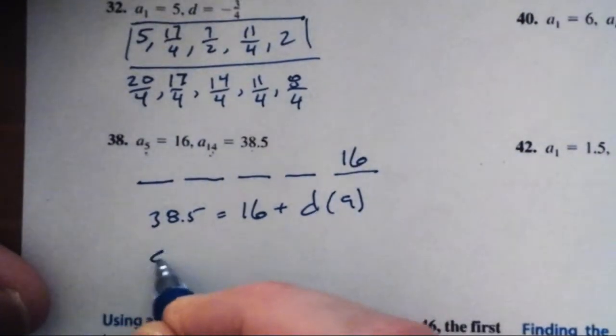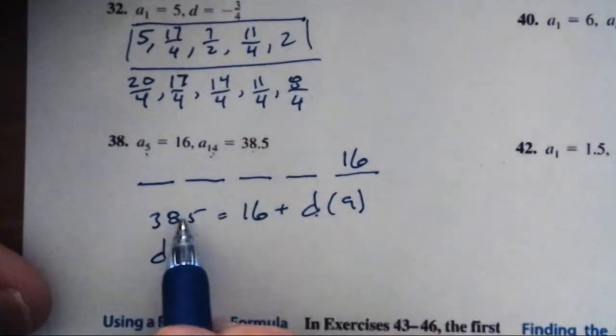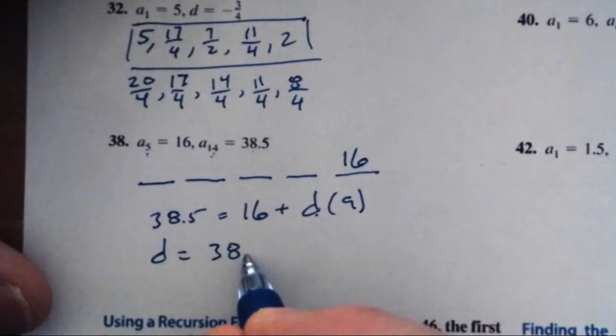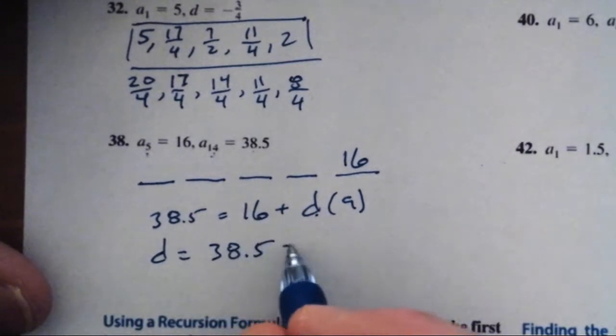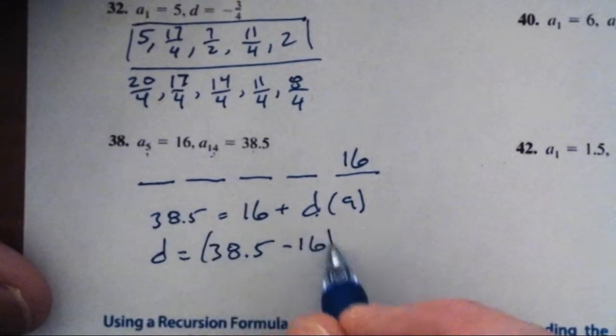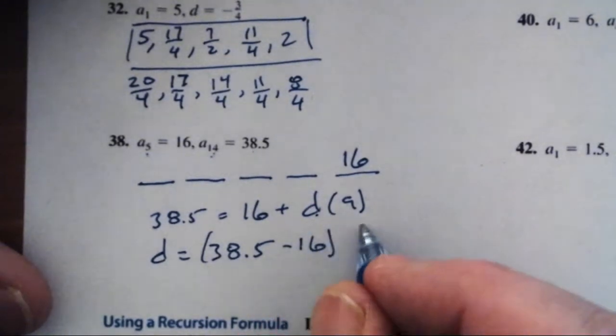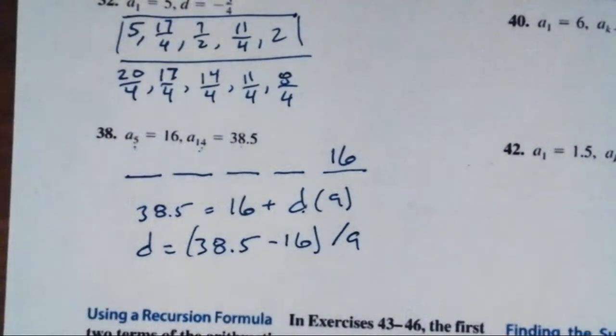So our difference is equal to, it was 38.5. I would need to subtract 16, and then I still have to get rid of this 9 with division. So let's take a look at that. Grab my calculator here.